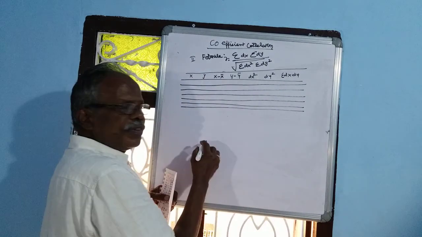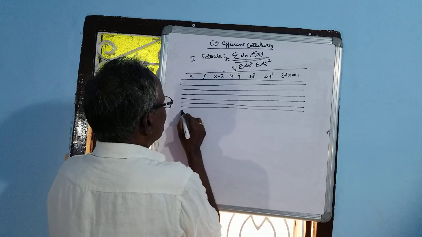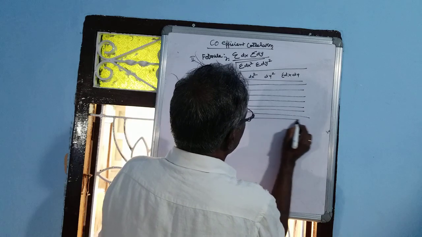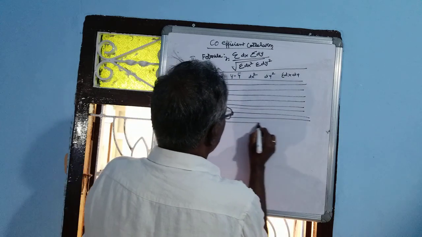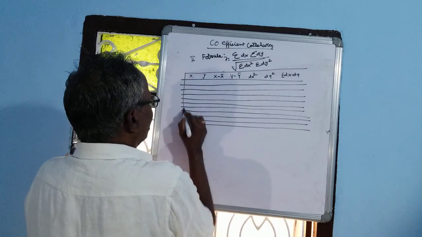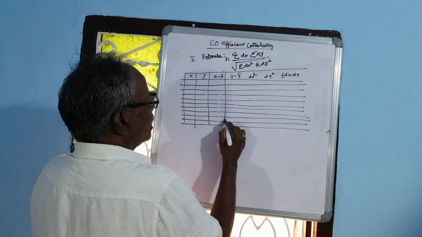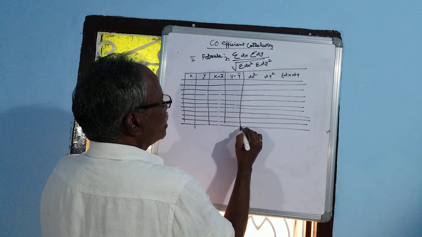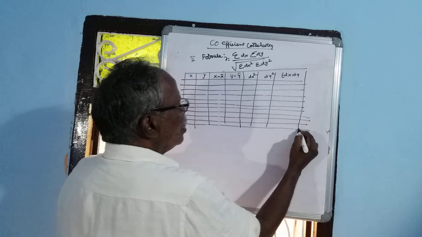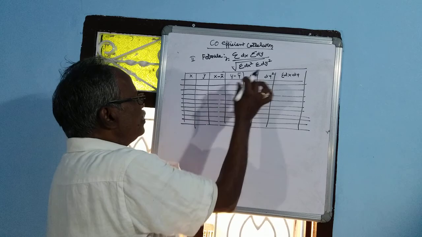So 10 rows we have to make: 1, 2, 3, 4, 5, 6, 7, 8, 9 and 10. Columns, 7 columns: first column, second, third, fourth, fifth, sixth, seventh. So totally 7 columns and 10 rows we have to make.